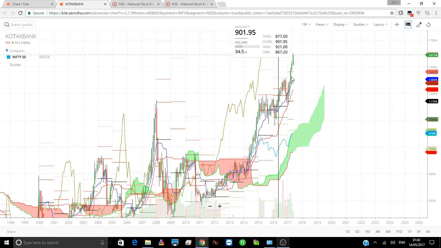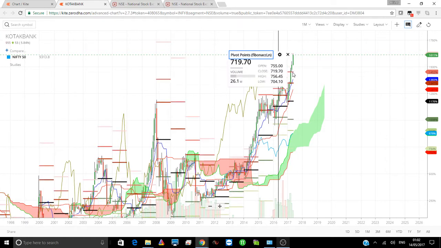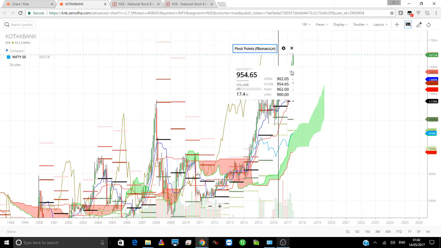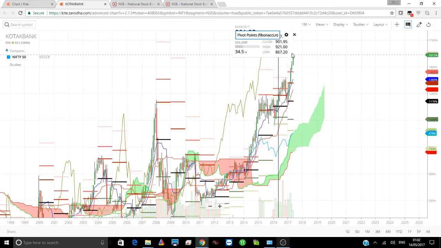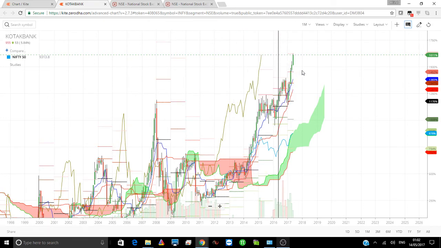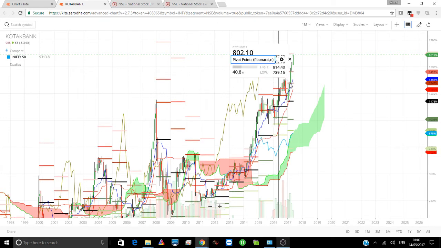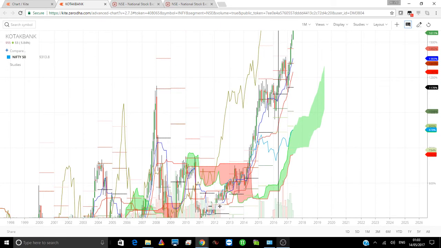Another thing that I observe in this chart right now is that the price has moved up substantially over the resistance 2 level. This is not the place where we buy. It is very close to S3 level, so it may actually correct down a little bit. We need to wait patiently till it comes close to S1 levels, which is near about, what is this level? 1350.